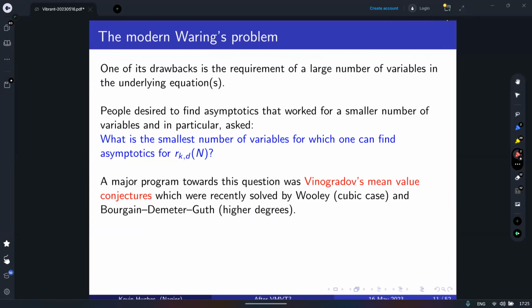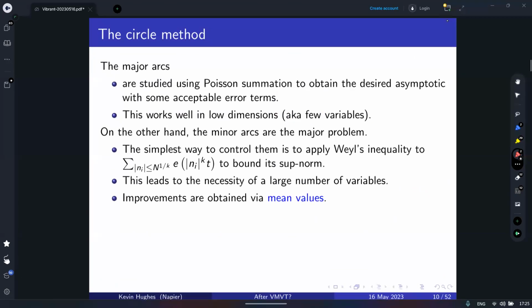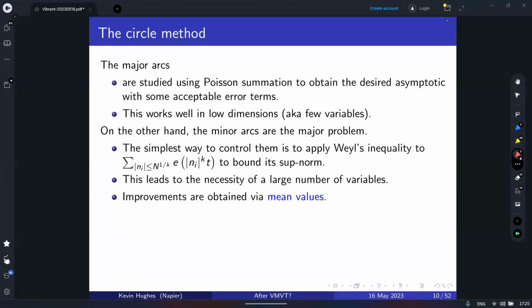There is, and it depends on the degree for certain. I forget if the degree is even, it's one thing, and if it's odd, it's another, or maybe it's whether the degree is a power of 2 or not.